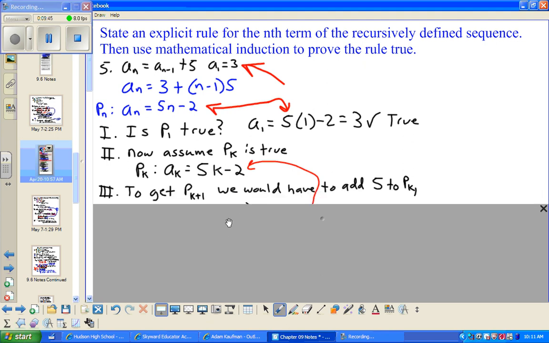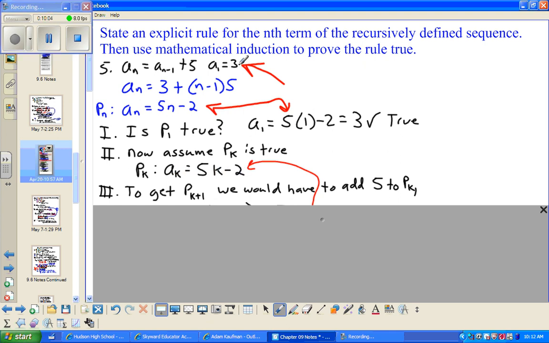Step 3, I need to show that p sub k plus 1 is also true. Well, how would I get p sub k plus 1? This is where you've got to think about what you're working with. This is saying, how do I get the next term? I have the a sub k term is 5k minus 2.